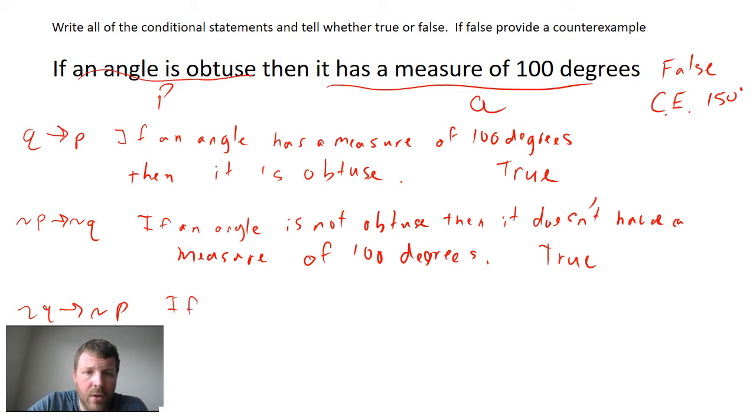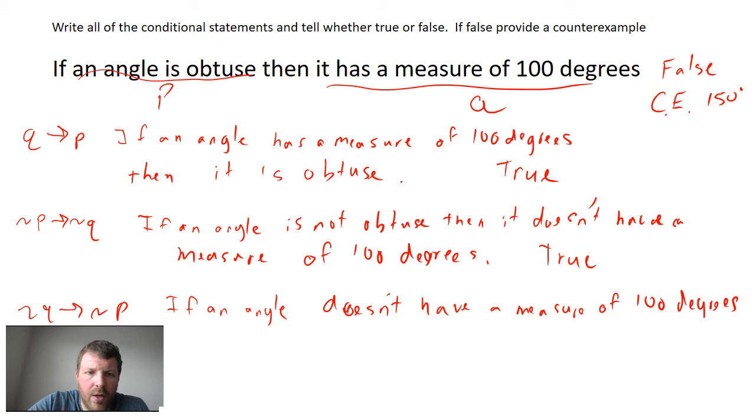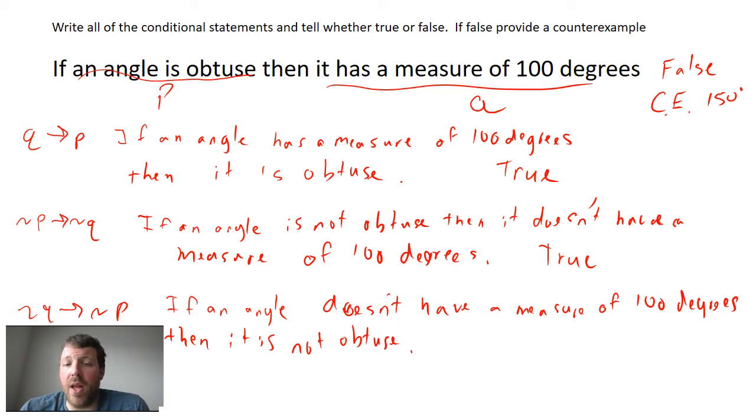So if an angle doesn't have a measure of 100 degrees, then it is not obtuse.